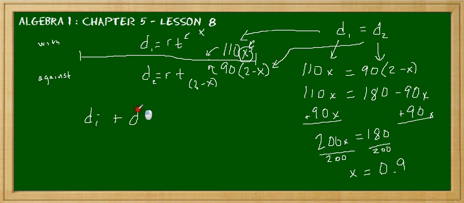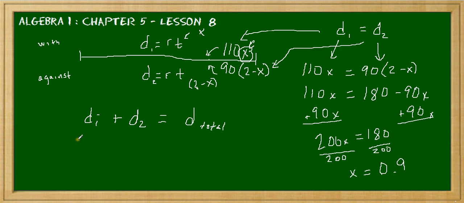And then they traveled the second distance. Okay, so that's going to be the total distance. All right, that's total, because they're traveling in one direction and then they're traveling the second direction. So d1 plus d2 is equal to the total distance, right? So the first distance and the second.